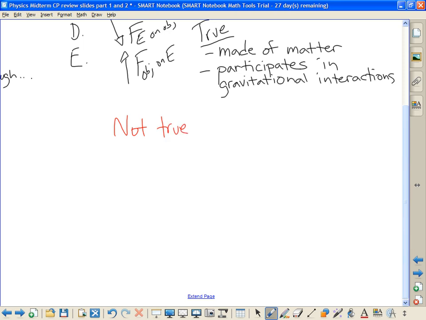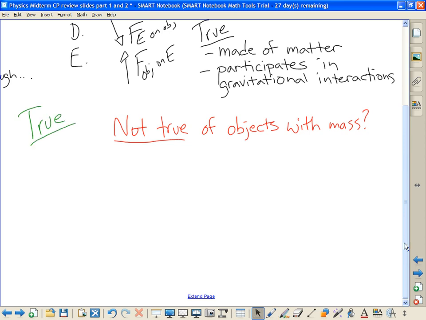Not true of objects with mass. Let's see, where would you put this statement? Let's do it again. Let's do true and not true.